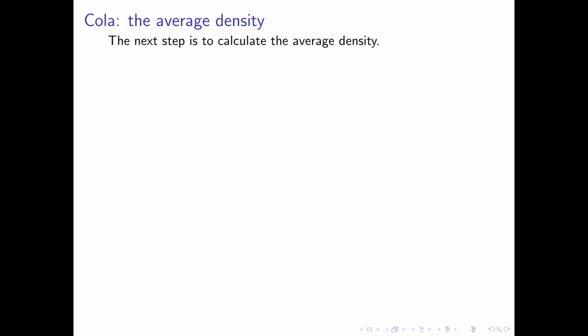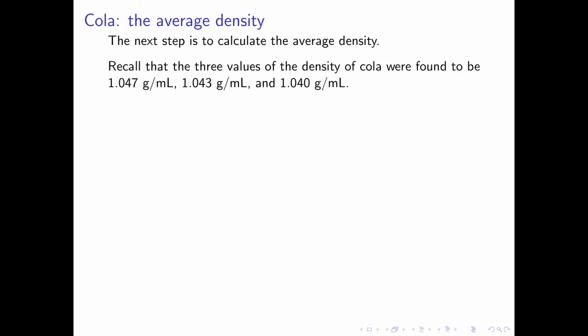The next step is to calculate the average density. Recall that the three values of the density of cola were found to be 1.047 grams per milliliter, 1.043 grams per milliliter, and 1.040 grams per milliliter.